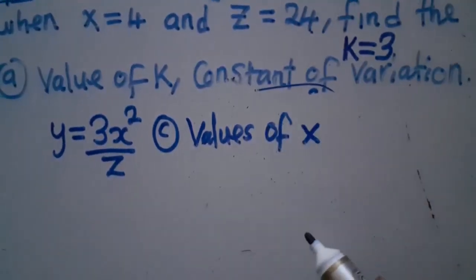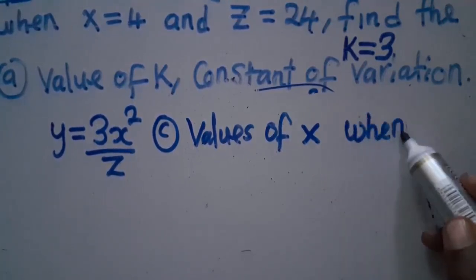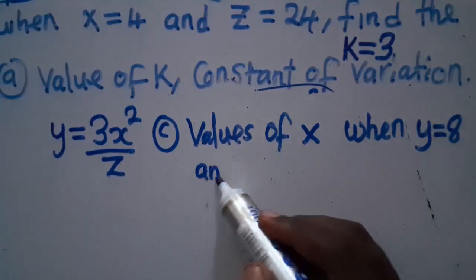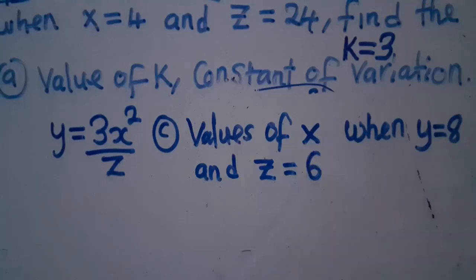If you haven't written these questions, make sure that you write them. When y is equal to 8 and z is equal to 6. This is what we are given. This is the last question on this past paper that came in 2022.